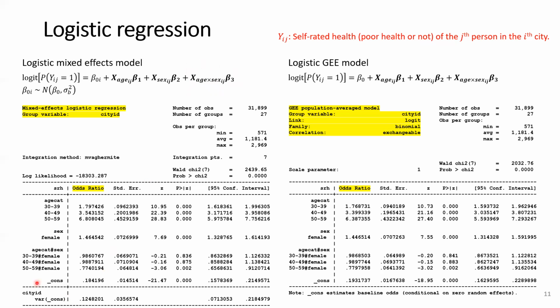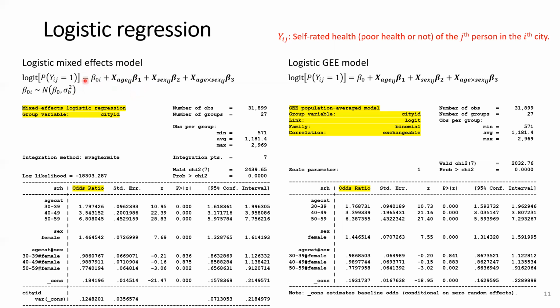Some of you may get confused because it says X beta instead of beta X. I use this notation because we have multiple levels of age category, and I didn't want to write beta 1 age 1, beta 2 age 2, beta 3 age 3, and so on. So just to make everything one, I use this notation using matrix form.